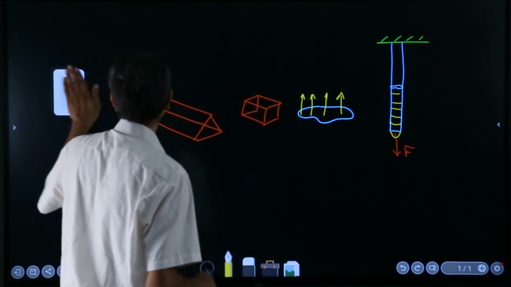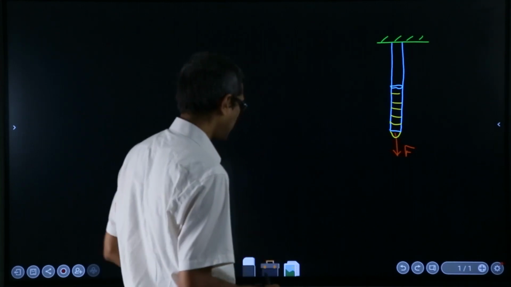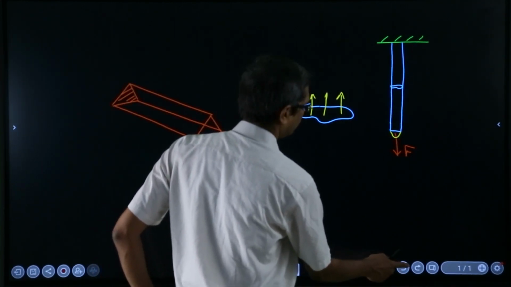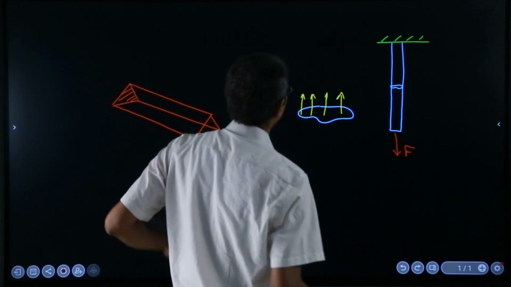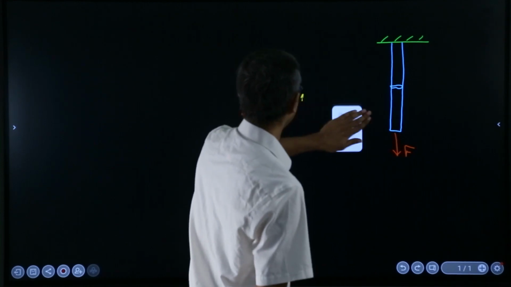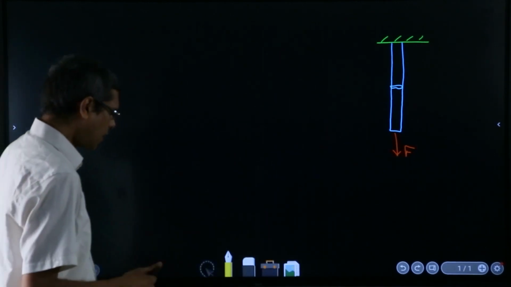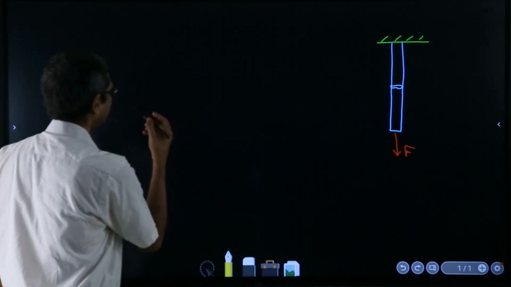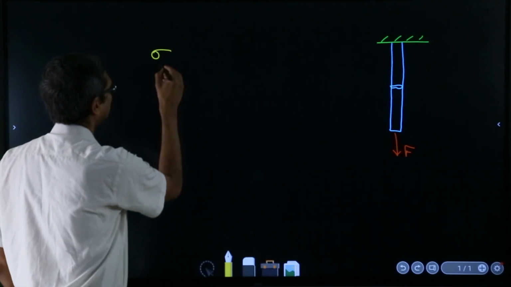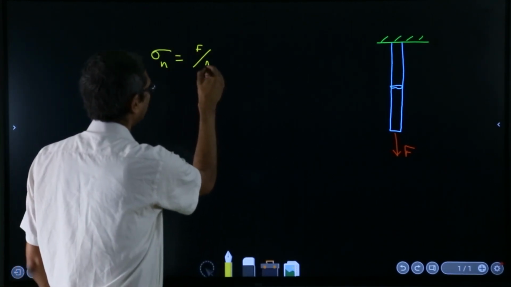And yeah, so with that assumption in place, okay, so I'll remove these things and then I'll erase this, sorry. Now under such condition, what has been observed is, let's define the sigma normal stress to be the force per unit area.